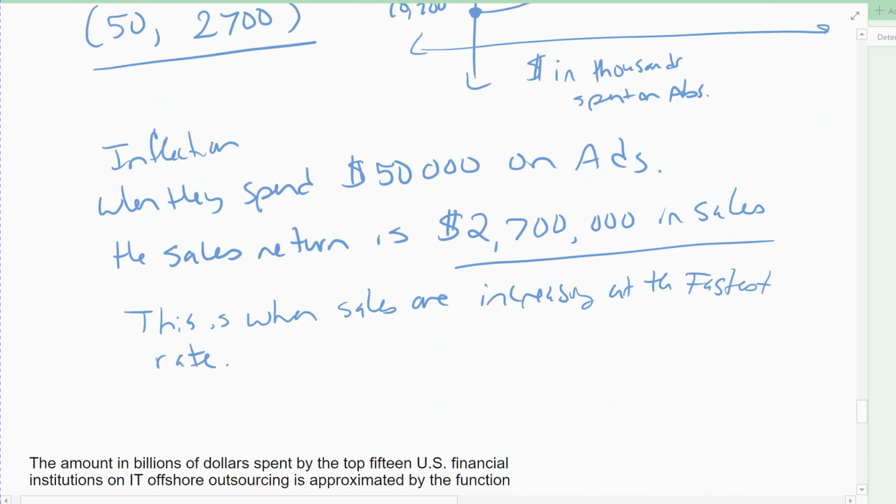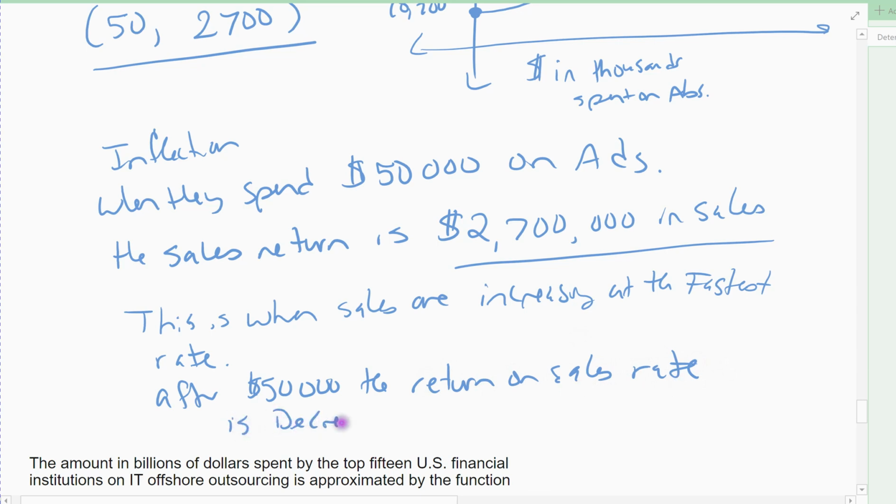And so after that $50,000, the rate of return on sales is decreasing.